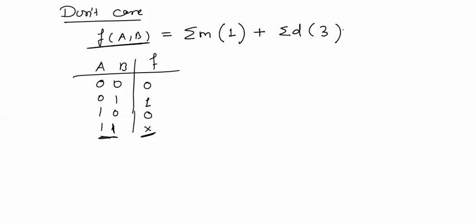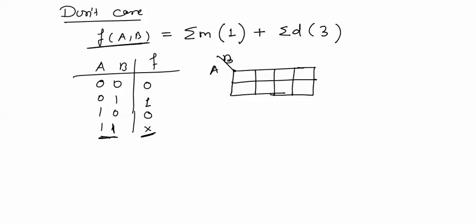meaning the output is uncertain. So now the K-map is drawn.